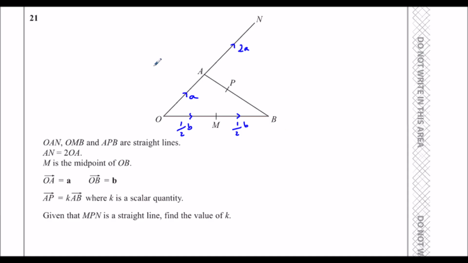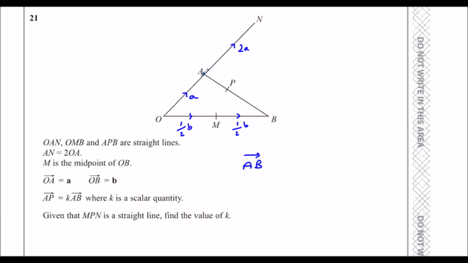Okay, so what can we work out? We can work out A to B. How do I get from A to B? I can't go down here. I don't know the route.